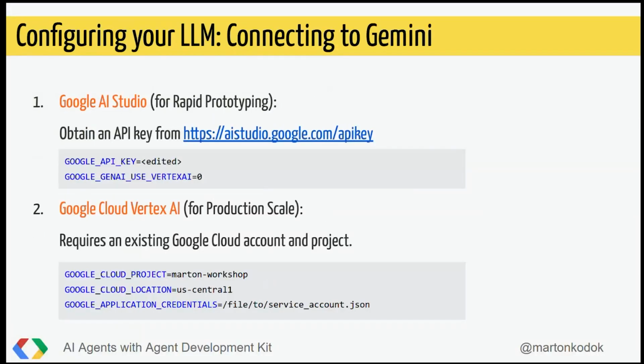So the first time when you start with ADK, you need to connect to an LLM, and by nature, the recommendation is to go with Gemini. You have two ways to use it. One is Google AI Studio, which is API key based, and you can obtain an API key from this URL or from the studio itself.